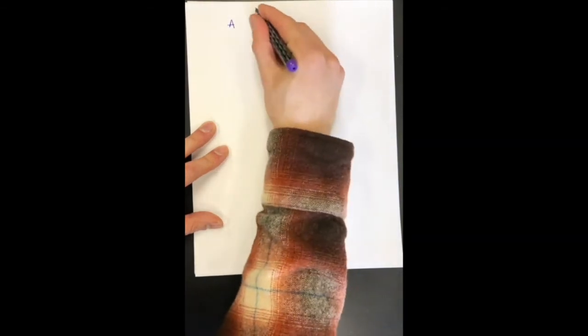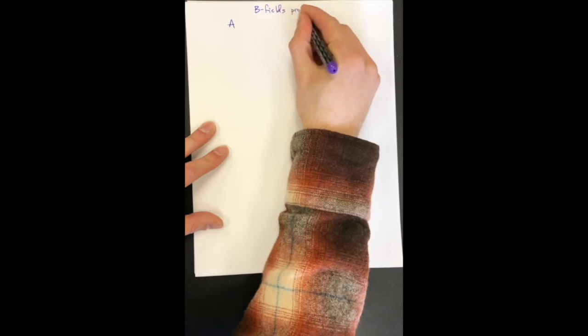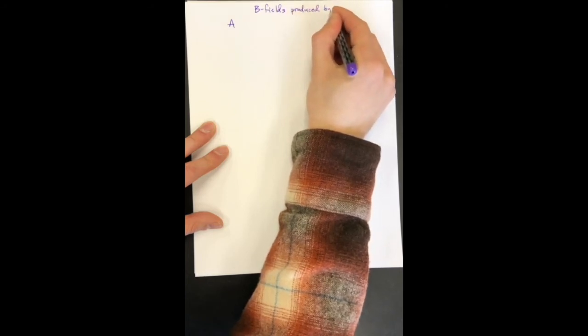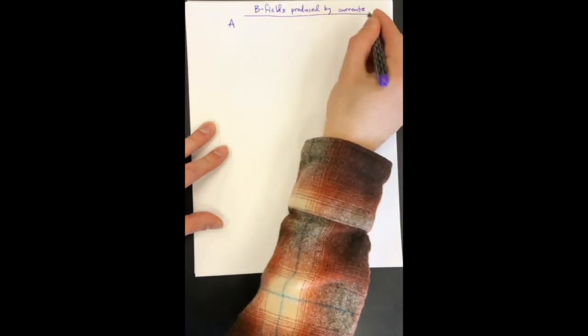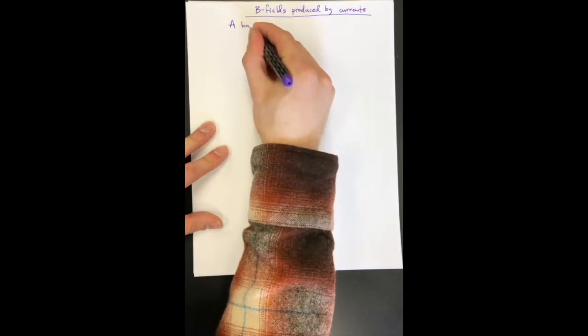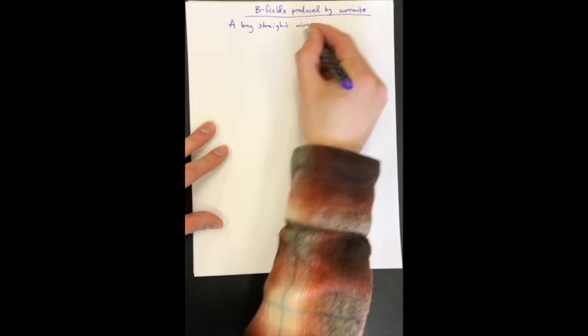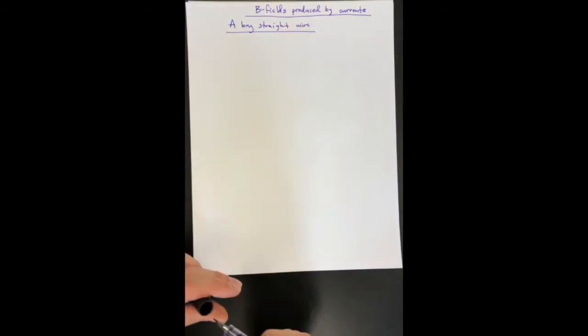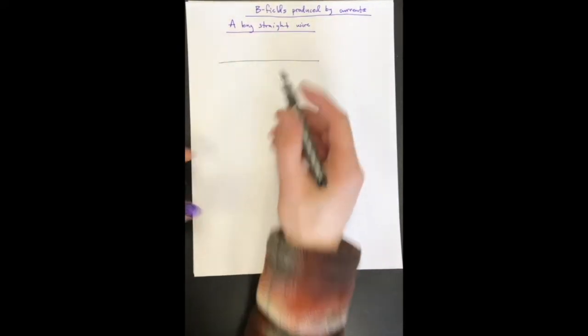So this would be B fields produced by currents, and so this first one will be a long straight wire. You can show that like so. And we just had a picture of this, but I'll show. There's my wire. We know that that current will be moving to the right.